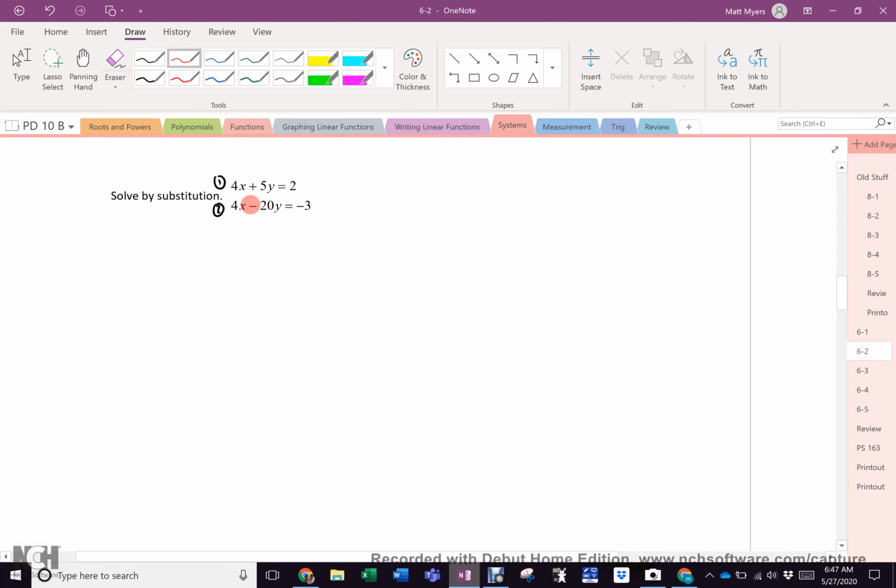There's no isolated letter. But look at that and that. They're exactly the same, aren't they? So if I make equation 1, isn't 4x equal to 2 minus 5y? Everyone agree? I move the 5y over. Okay.